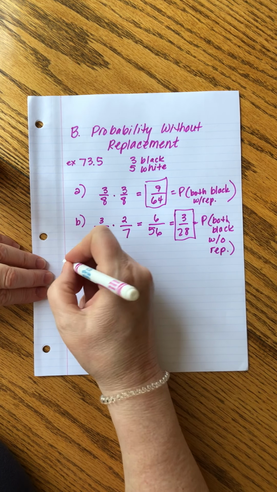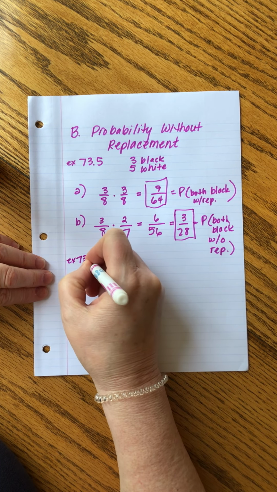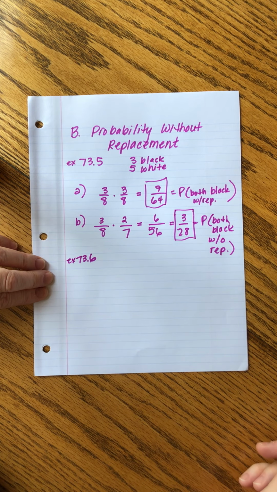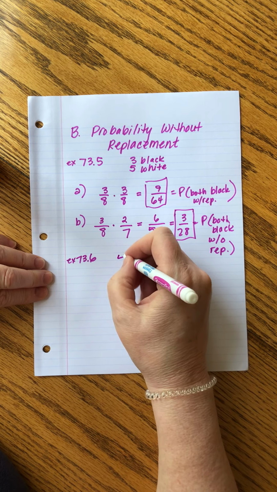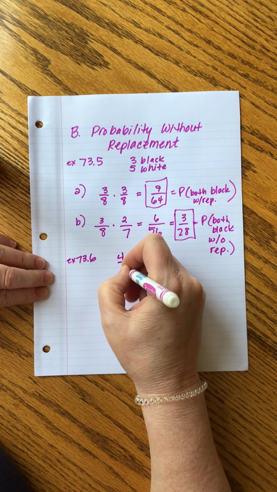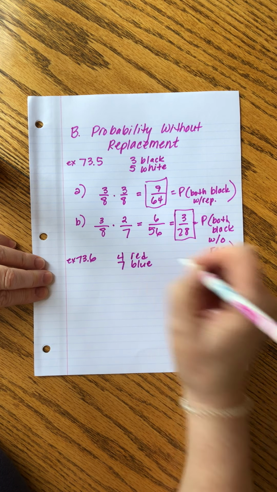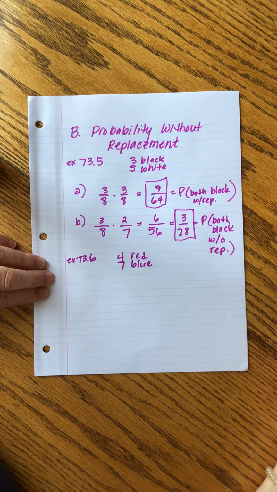All right, there's one more problem in this example in this lesson. An urn contains 4 red and 7 blue marbles. Shake them, hear them rattle? I can. 2 marbles are drawn at random. What is the probability that the first is red and the second is blue?